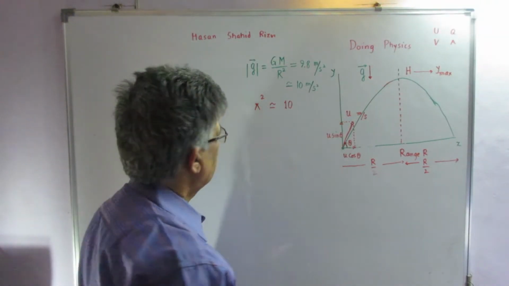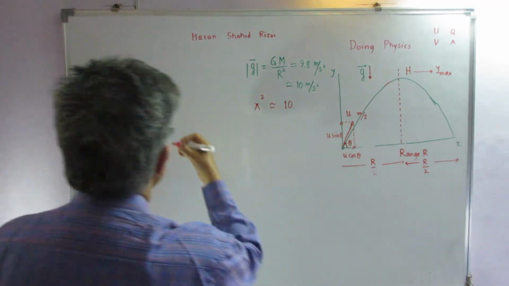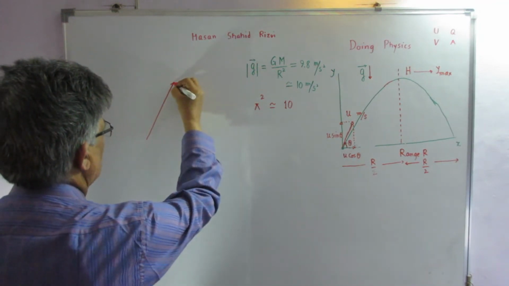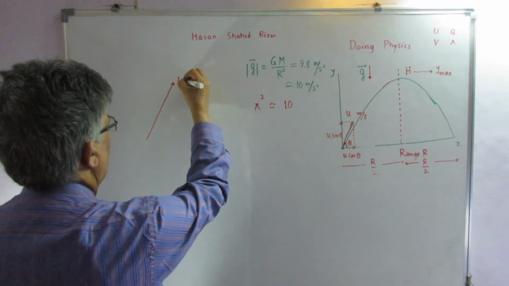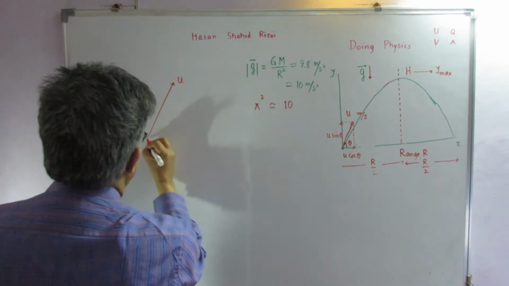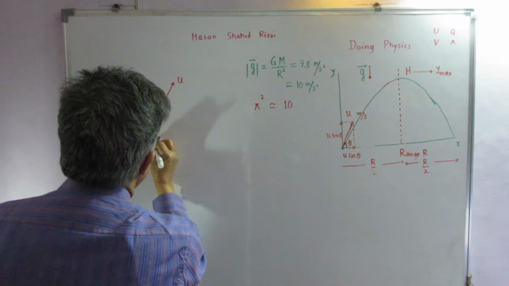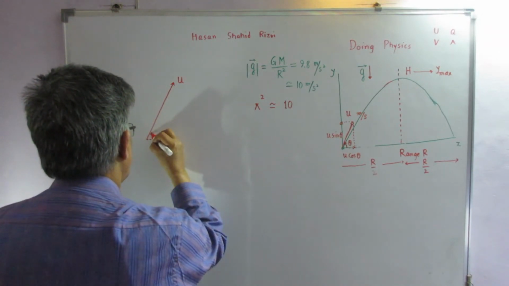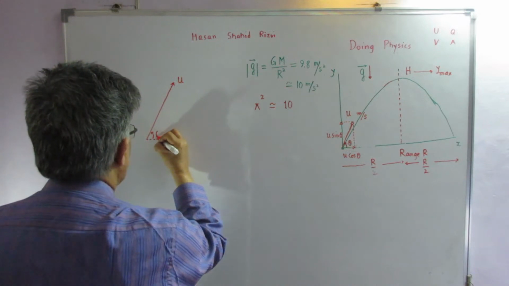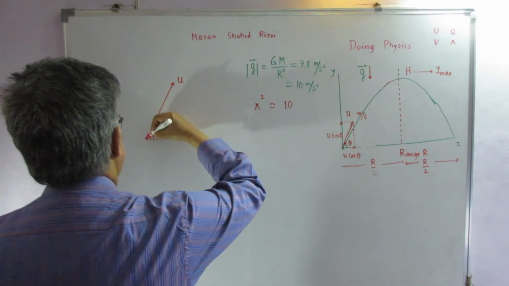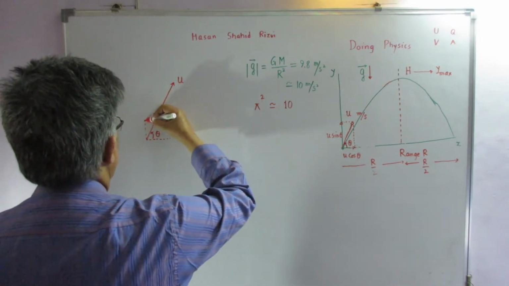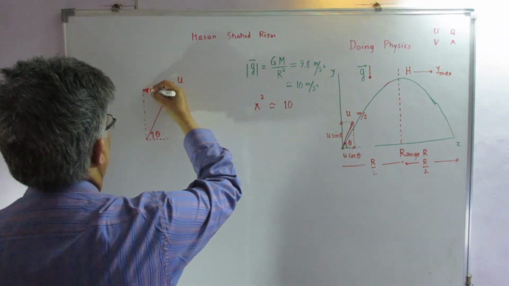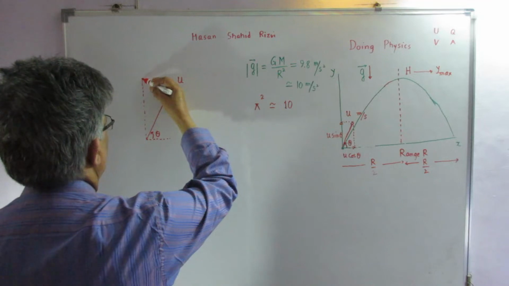So you can see that this velocity u was taken like this. This angle over here was theta with the x-axis, angle theta, and with the y-axis this will make an angle of 90 degrees minus theta.